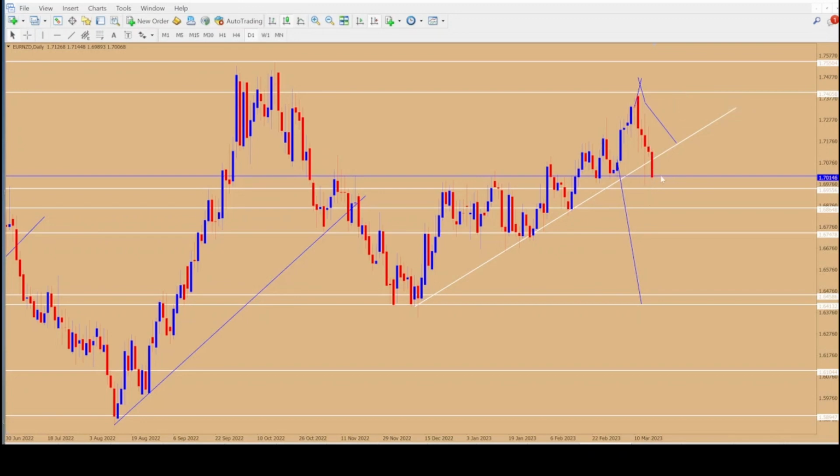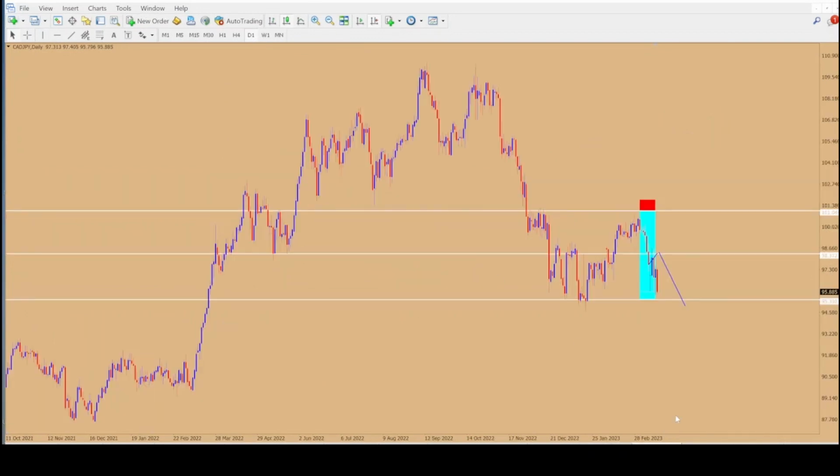But if it continues bearish, I would expect you to look for some retracement into the 1.7014 area before continuing your sells to at least the 1.6747 area. That is for the EURNZD. Don't forget, we trade the daily close candle.